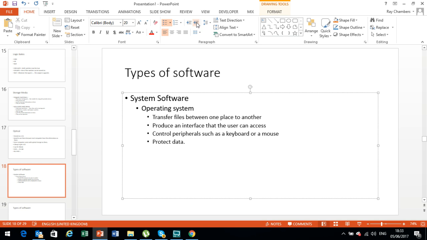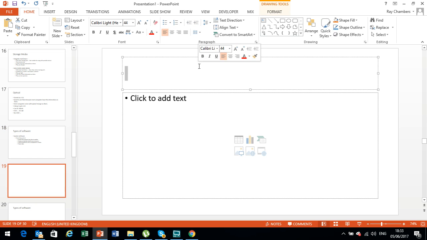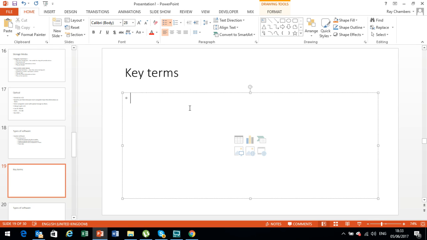Now what I'm going to do is recap on some more of this in tomorrow's lesson. But what I'm going to just do is write out some key terms for you. So, key terms. Machine code.